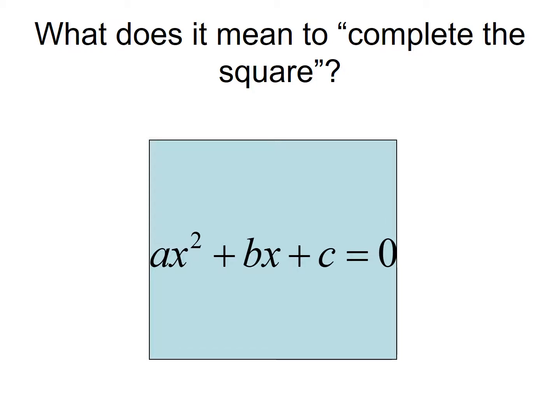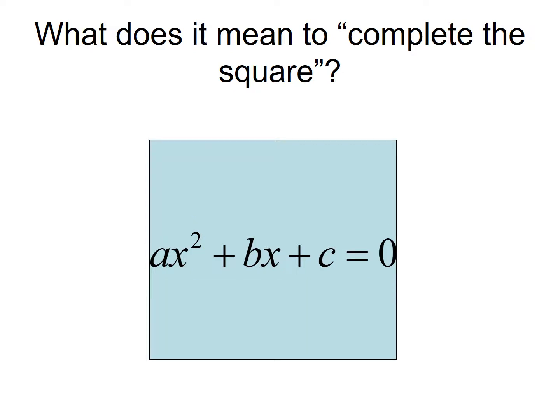Every single quadratic equation, or every single equation that has an x squared term in it, can be written in its generic form like this: ax squared plus bx plus c is equal to 0. In this generic form, the most amount of terms you can have when you have a degree of 2, or a power of 2, in a quadratic equation is 3.